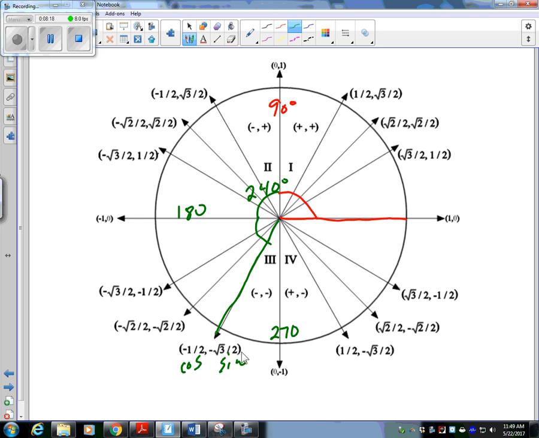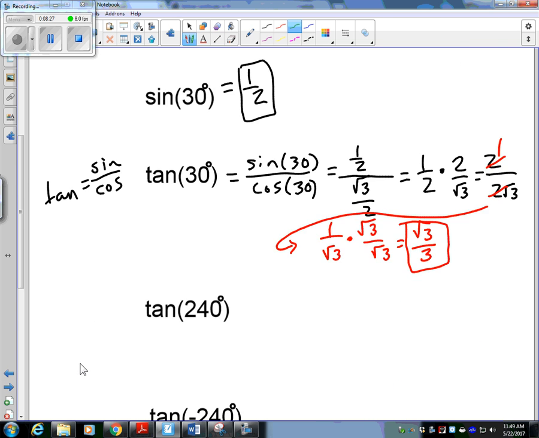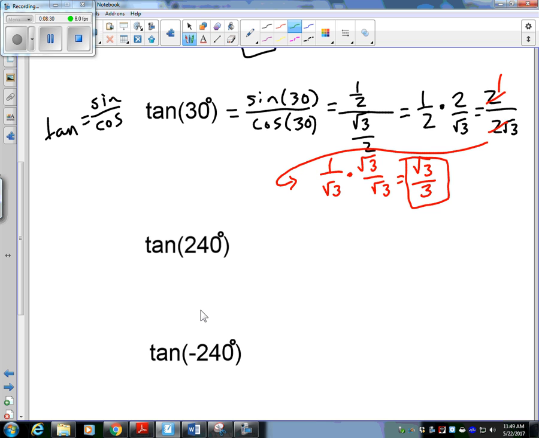So let's look back at our problem. So we have the tangent of 240. So we need to know what sine of 240 is, because tangent is sine divided by cosine. And we know that the sine of 240 is the square root of 3 over 2 divided by the cosine, which we found to be negative 1/2.